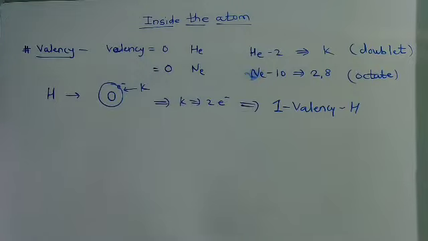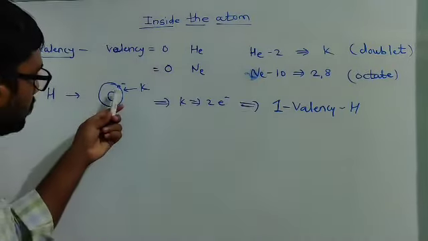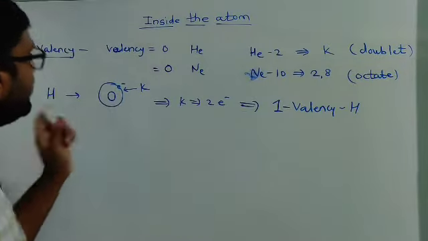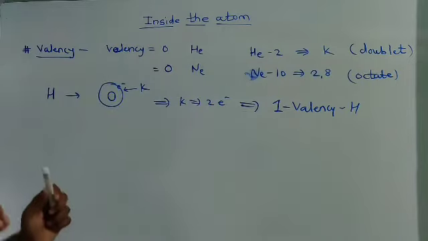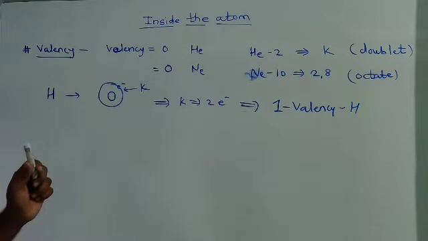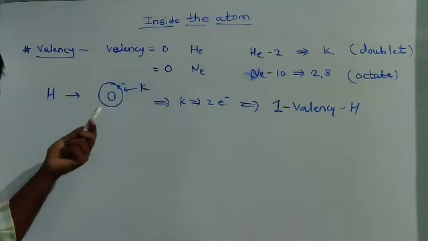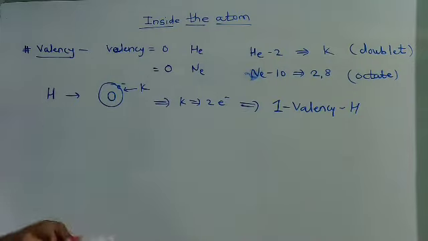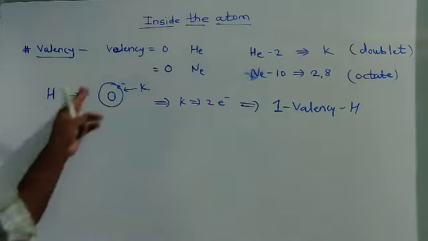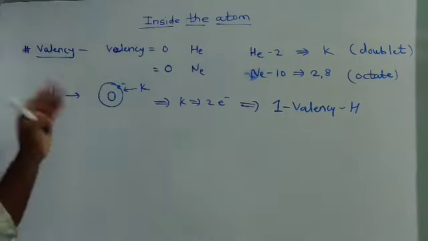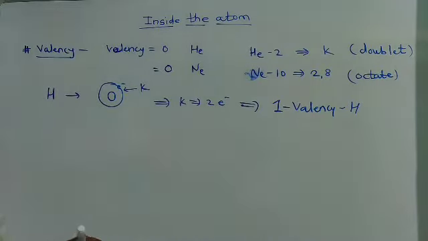So always we have to remember that we have to consider how many electrons are less to complete this valence shell. That is why we study valence electrons. Valence electrons and valency are two different concepts, but we need the valence electrons to check the valency of any element.